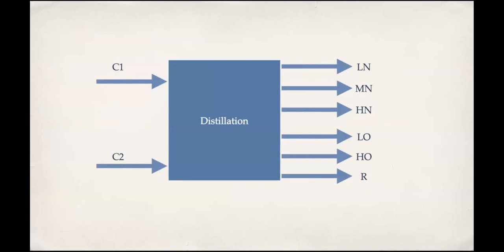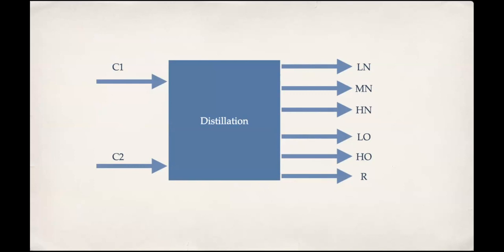This way. Remember, I use C1 to represent the first crude oil, and C2 to represent the second crude oil, and LN standing for light naphtha.